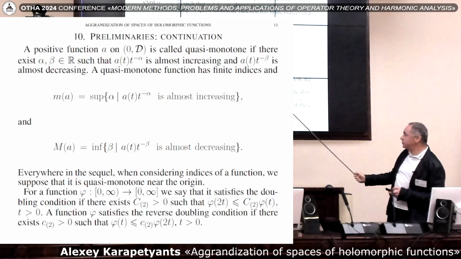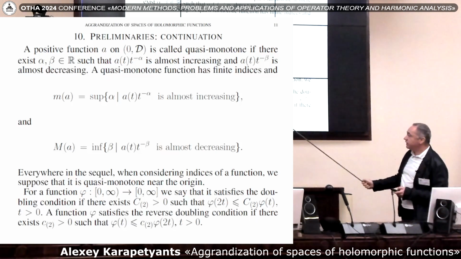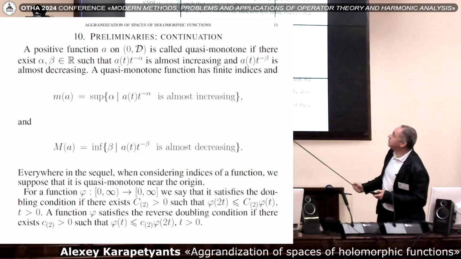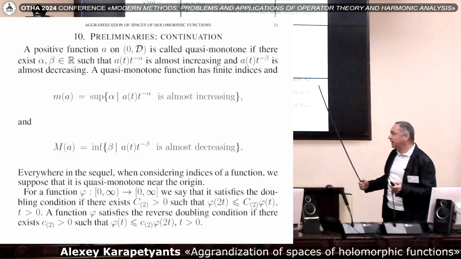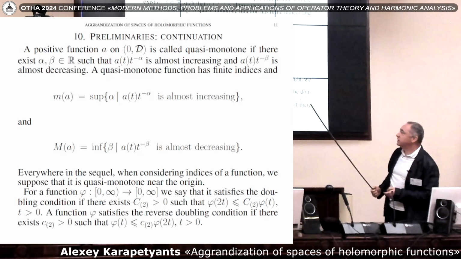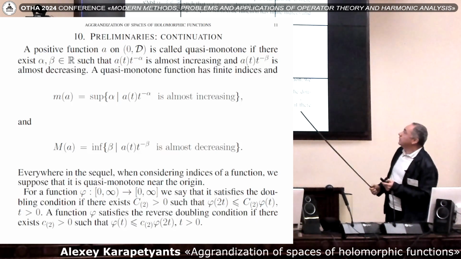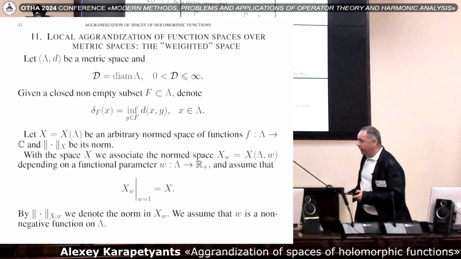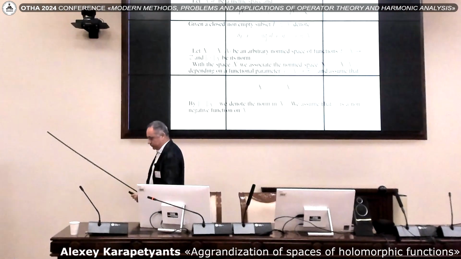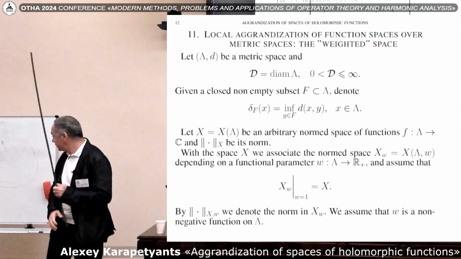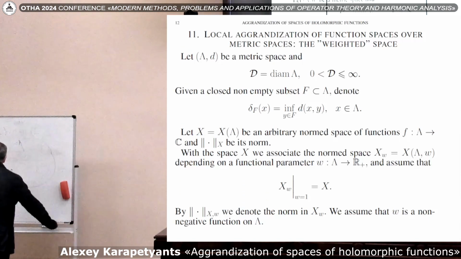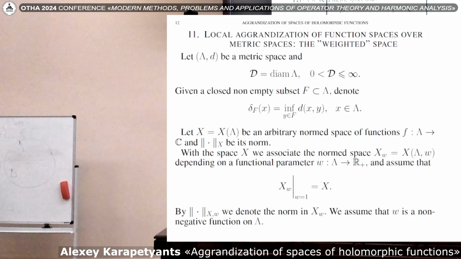Most of you know this doubling condition and reverse doubling condition. And what else? Well, almost increasing, almost decreasing. I believe that everyone knows these definitions. Okay, now I come to the general definition of grandization. So we have a set lambda.